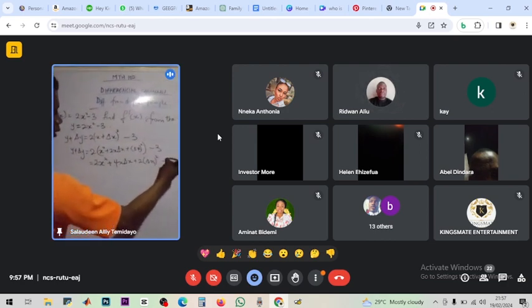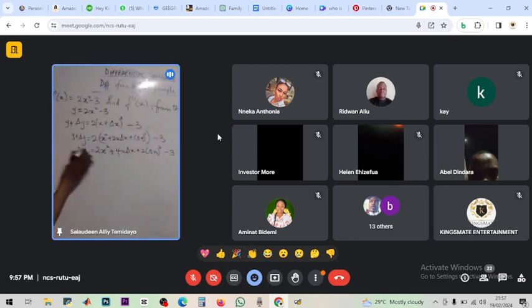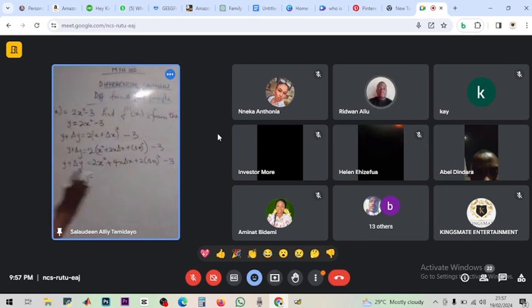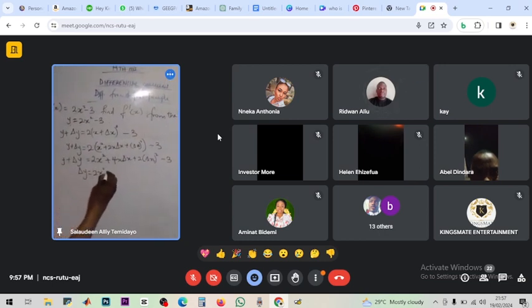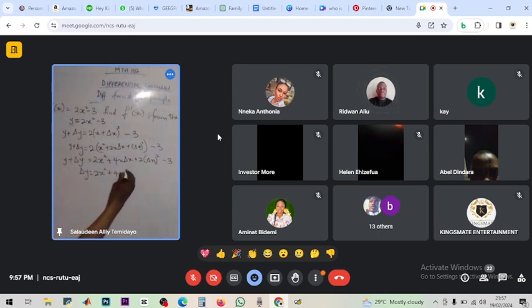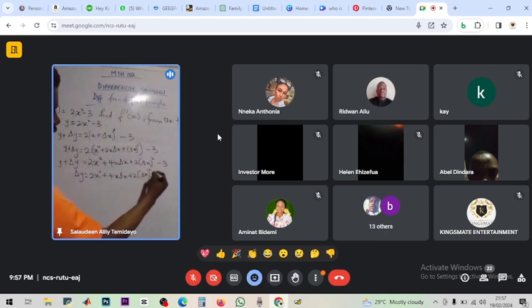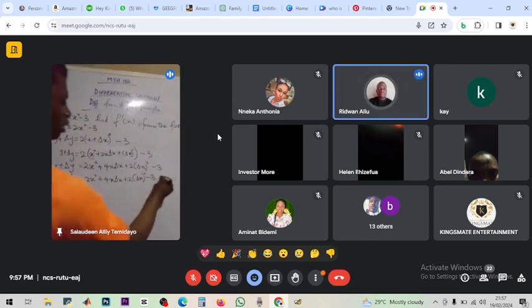Don't forget minus 3. So now bring y from this place to the other side. So dy equals, y becomes minus y there, right? 2x squared plus 4x dx plus 2 dx squared minus 3 minus y. What is y?